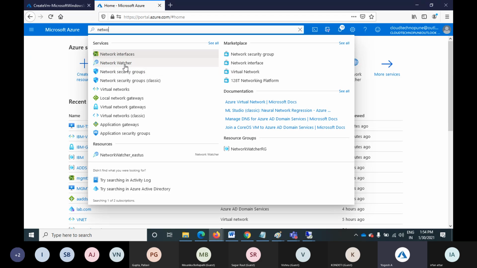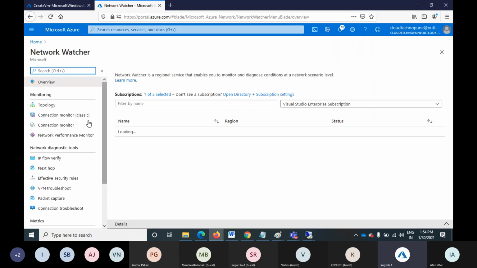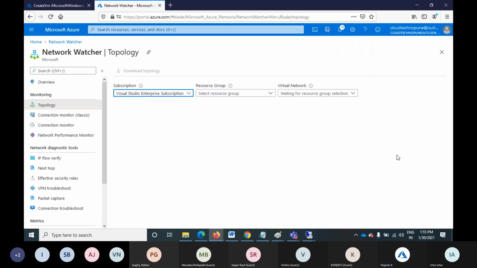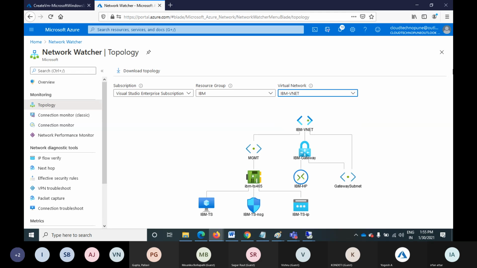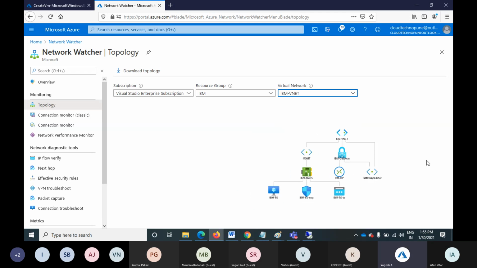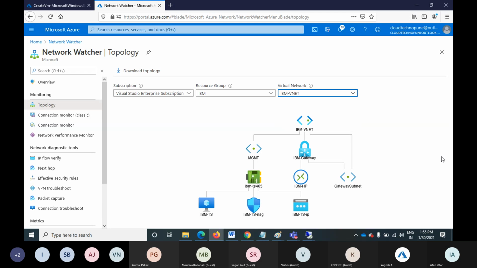From Network Watcher we can also get a small topology diagram. Subscription, resource group, virtual network. See the diagram you're looking at, right, Irfan? Yeah.